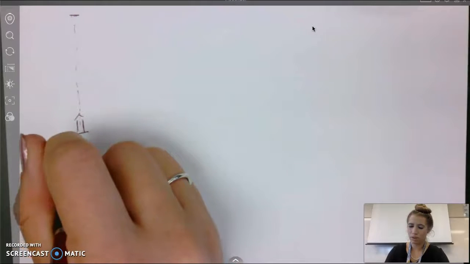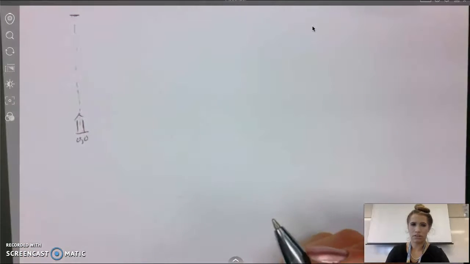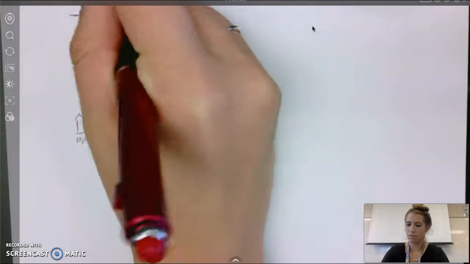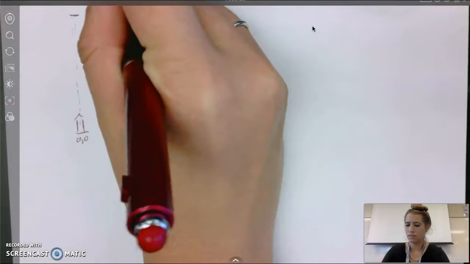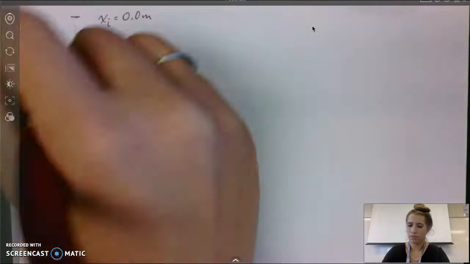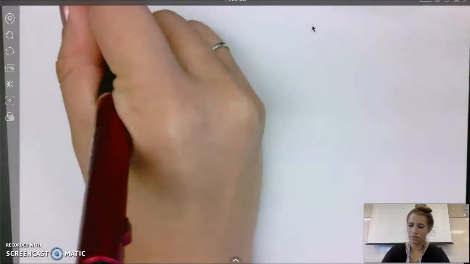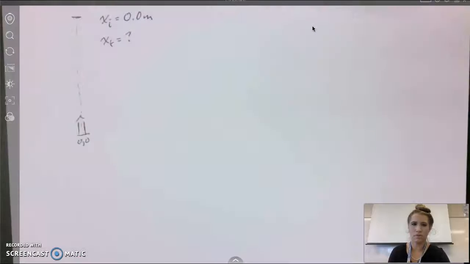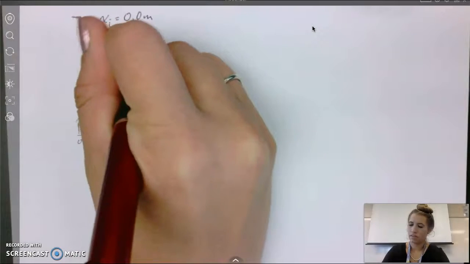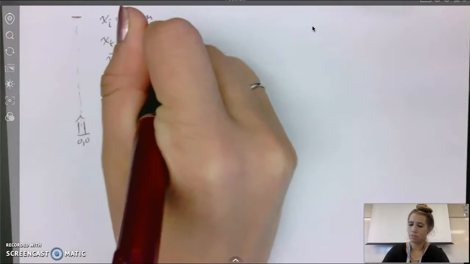I'm going to call where my rocket started the origin. And so when that's the case, my initial position of the rocket is 0 meters. Okay? X final would be what I'm solving for because I want to know how high up we were before the rocket boosters released. My average velocity is 80 meters per second.